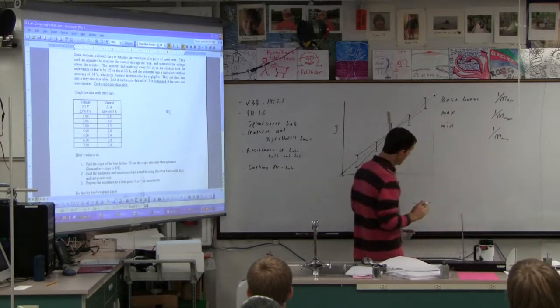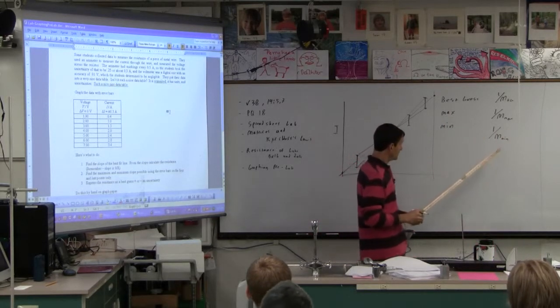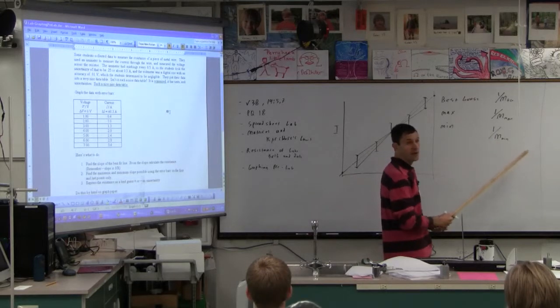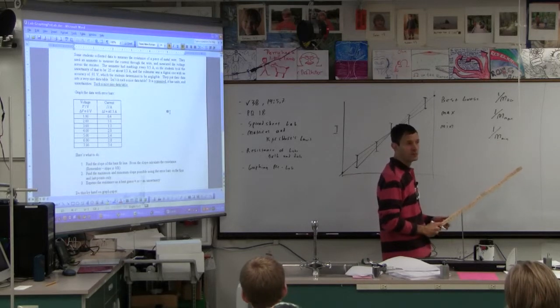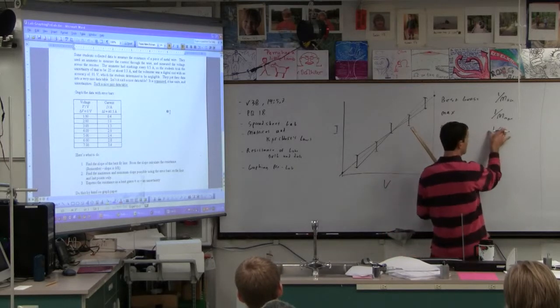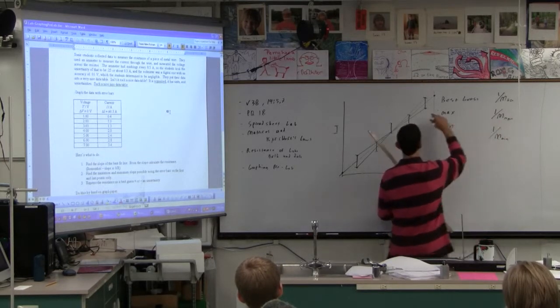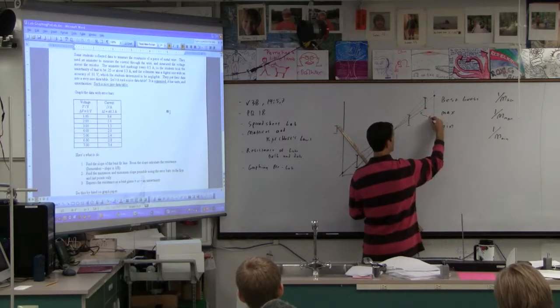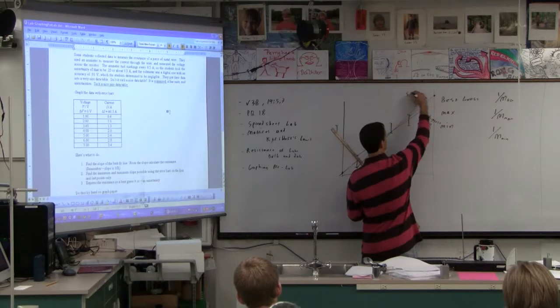The mathematically impaired among you will be surprised that 1 over the minimum slope gives you the maximum resistance, but the rest of us will go, ha ha, of course. So this actually gives you the biggest resistance, and this is going to be the smallest R.